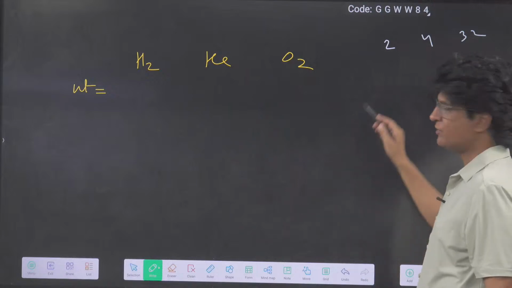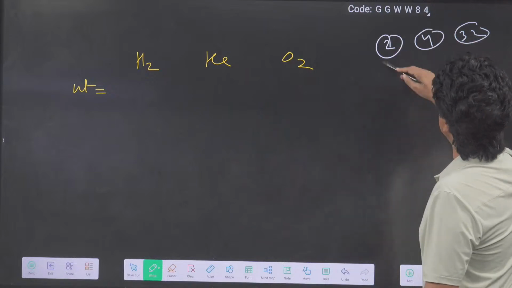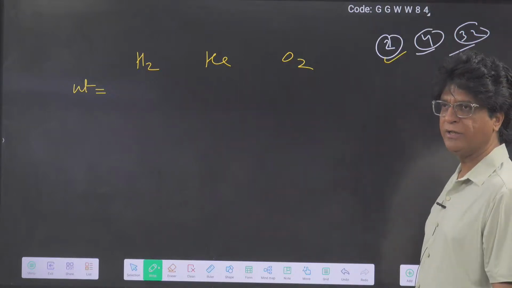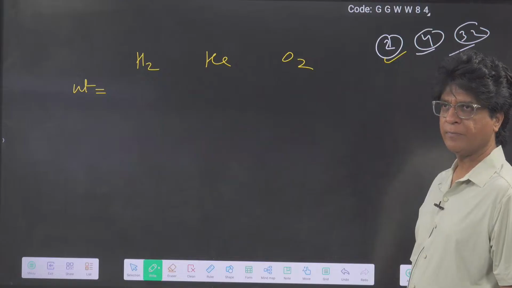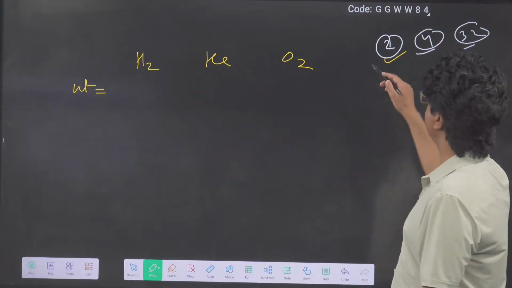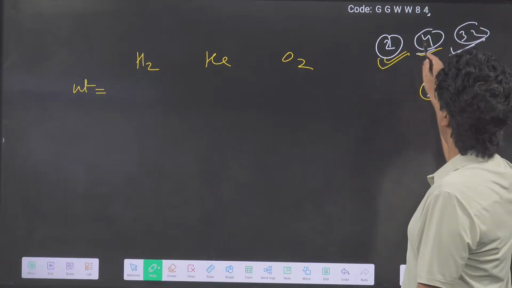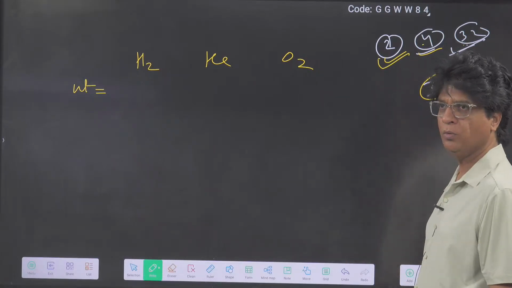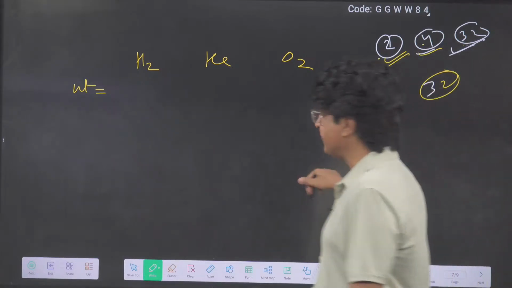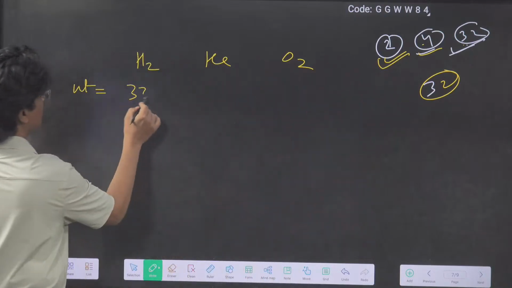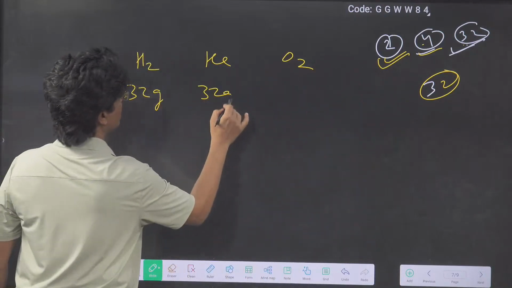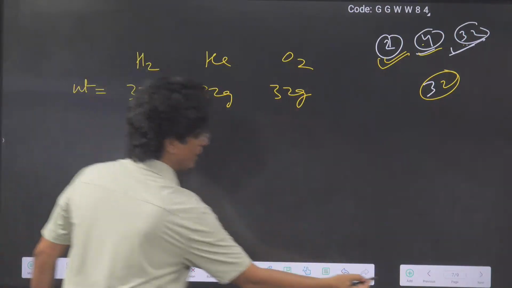So you can take the LCM of their atomic and molecular weights. LCM of 2, 4 and 32 will be 32 only, because 2 and 4 both are factors of 32. So I take 32 gram each.